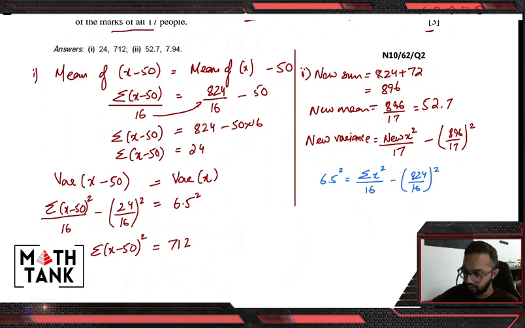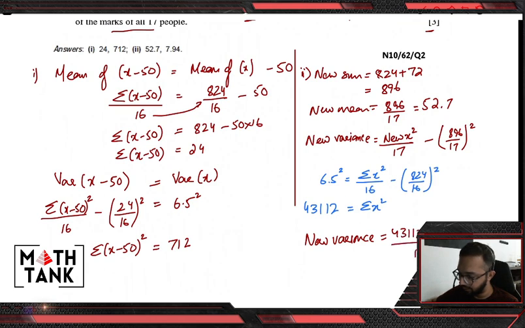Multiplying by 16, I get the sum of x squared as 43112. So that's the original sum of x squared. When I'm calculating the new variance now, it's simply 43112 plus 72 squared, divided by 17, minus 896 divided by 17 whole squared.